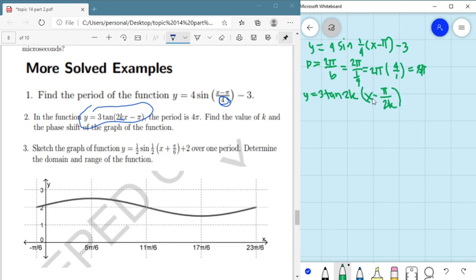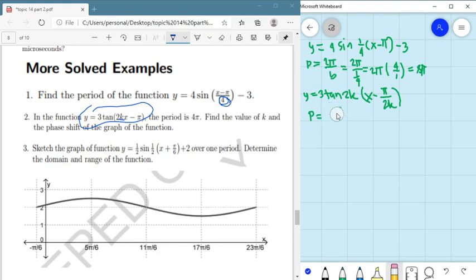Okay. Since this is our b, our period is equal to 2 pi over b. No, it's not 2 pi because this is tangent.